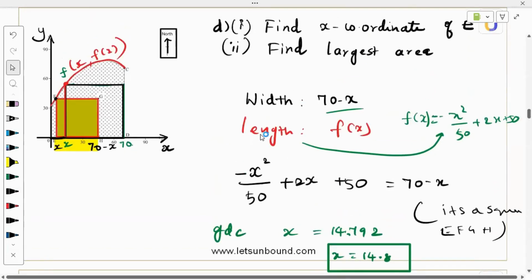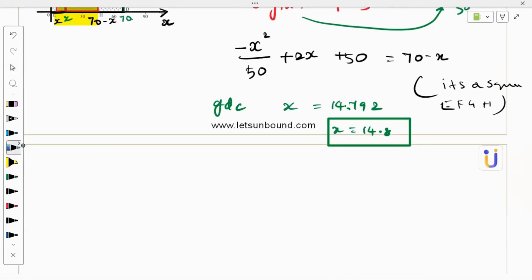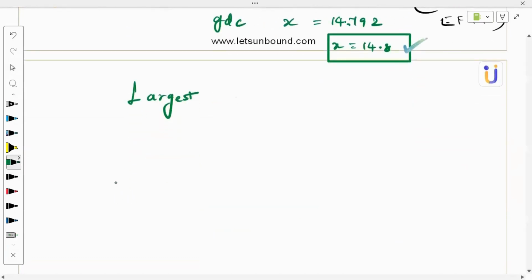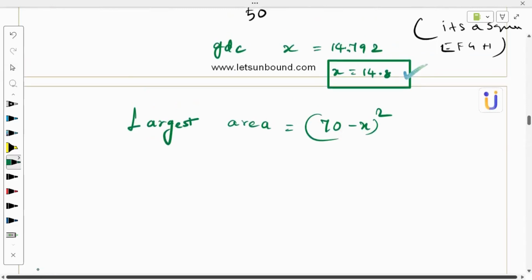You know x now, so that means you know the length and width. So just the width is enough. It's a square, right? So to find the largest area, this is the x value that can make the largest area. So the largest area is side times side, so 70 minus x times 70 minus x. That is the side. That's a simple one. So 70 minus 14.8, the whole squared.